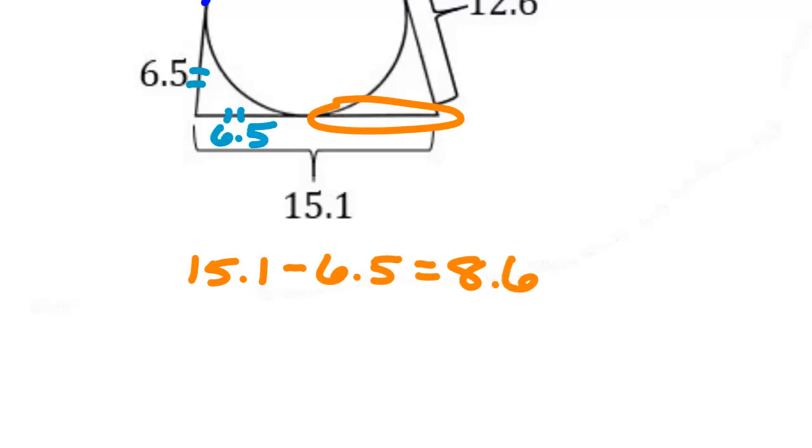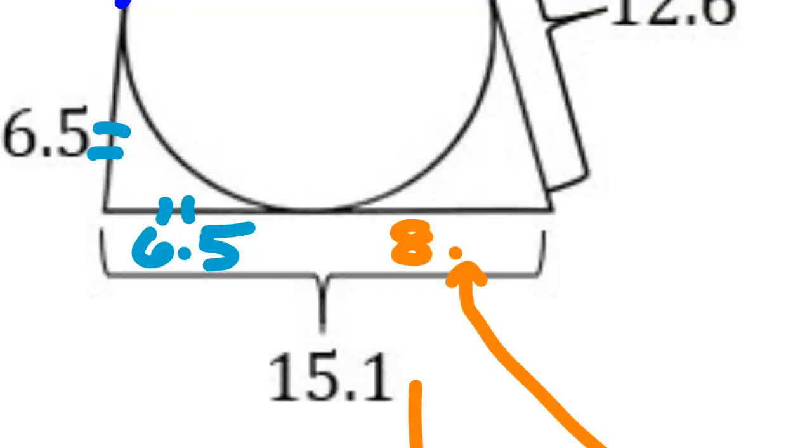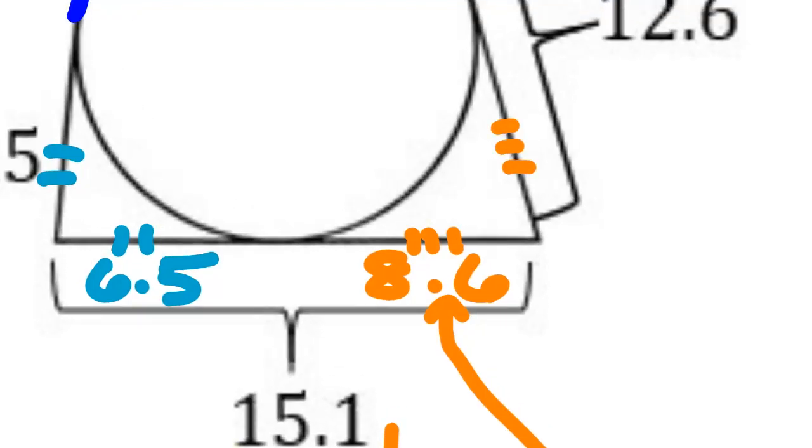So that is the length of this segment right here, which is exactly the same as what other segment? What else is 8.6? The other side of it right here where it's touching. They have that common external point. So from here to here is 8.6.